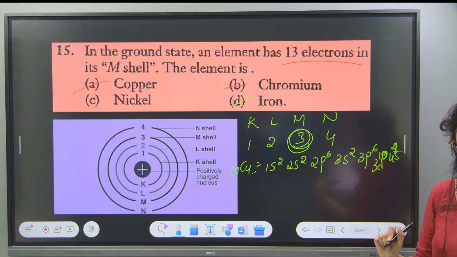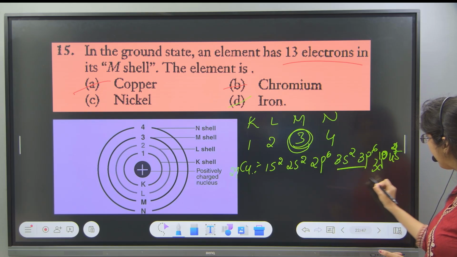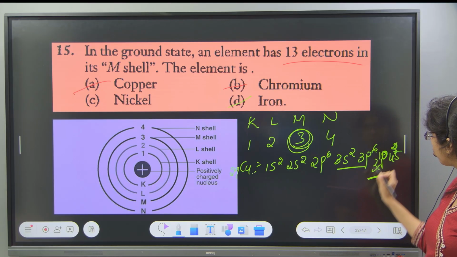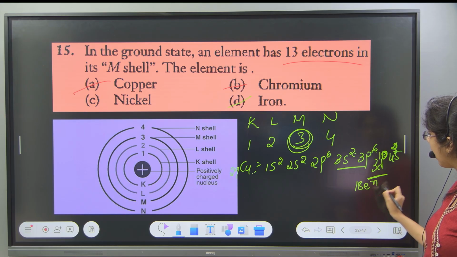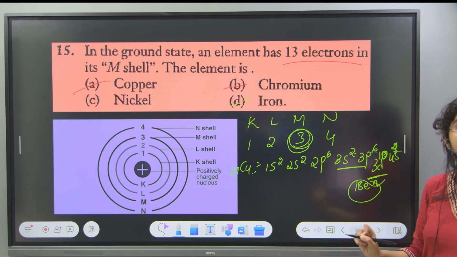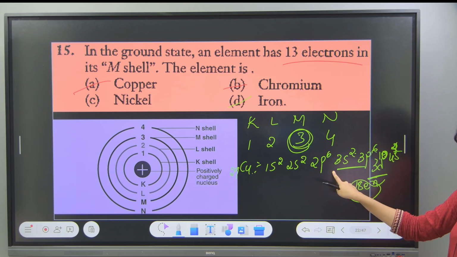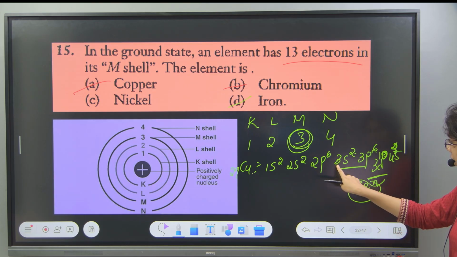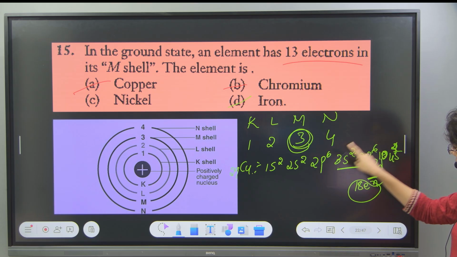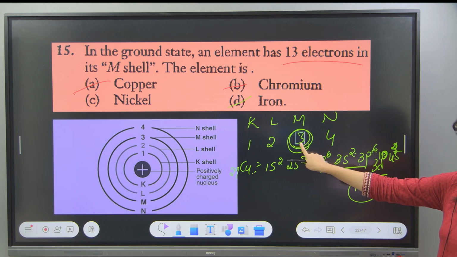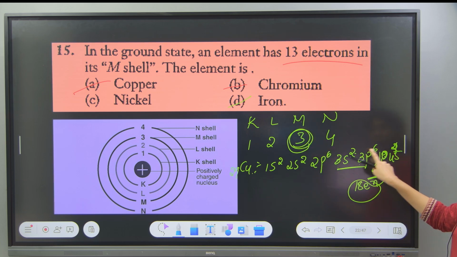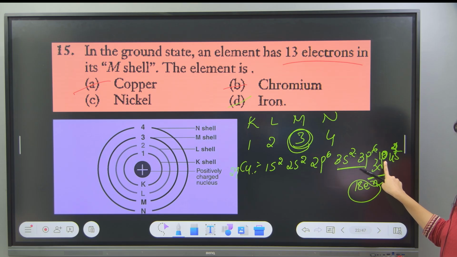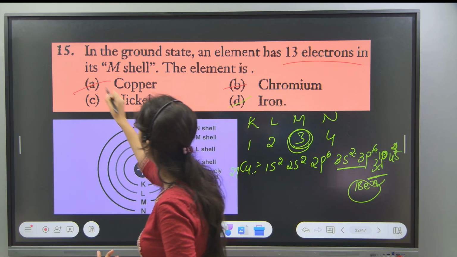Now for the third principal quantum number, 6 plus 2, 8, 8 plus 10, 18 electrons we have in copper. 3s, 3p, 3d are all from the third shell, that is the M shell. Total number of electrons 6 plus 2 plus 10, 18. So option A is not possible.